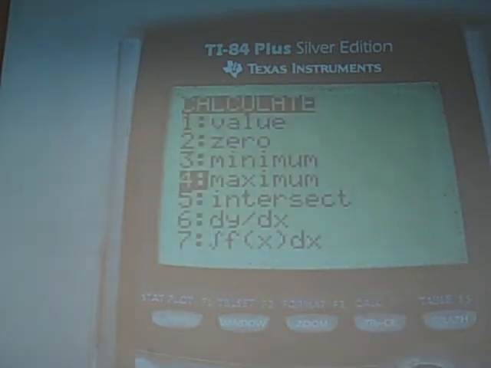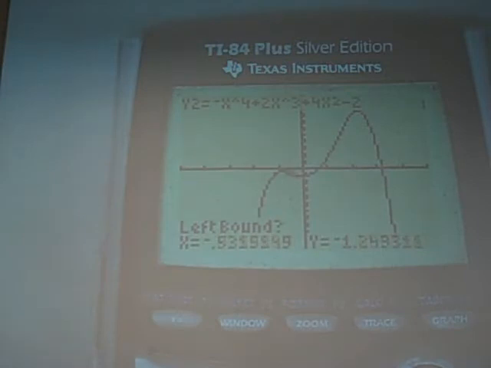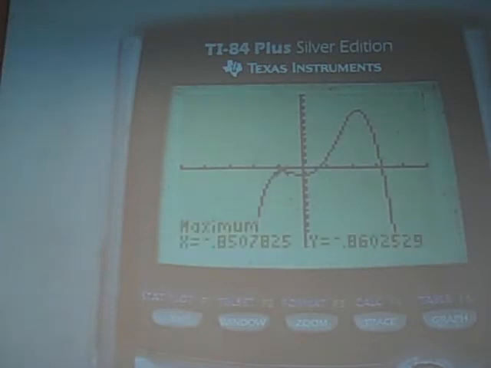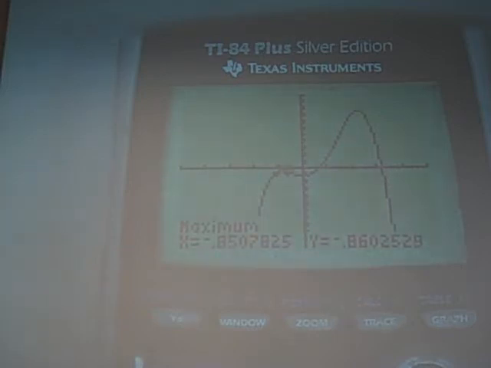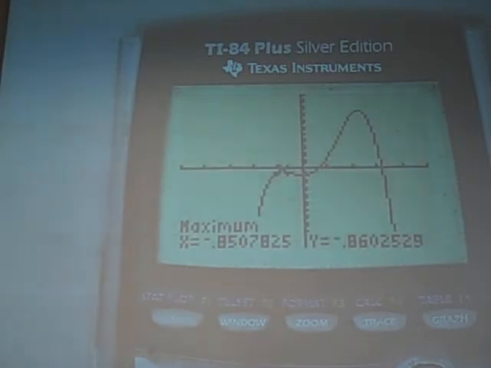A max, local max. So go to the left, hit enter, go to the right, hit enter, give it a guess, and it looks like that's (-0.85, -0.86). And we'll do the other one as well.